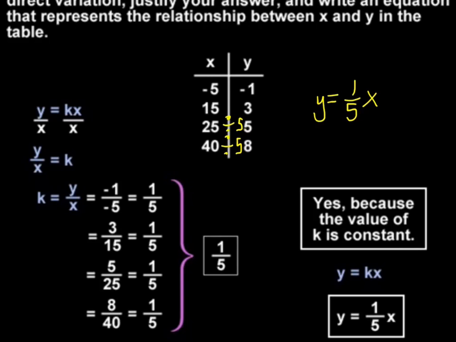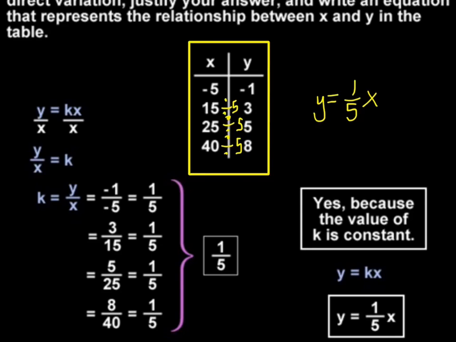Alright? Because it's dividing by 5. But the main thing is, just know that you can say there's a pattern here because every single time we divide by 5. Right? Every single time. -5 divided by 5 is -1. 15 divided by 5 is 3. Okay? That's the pattern.